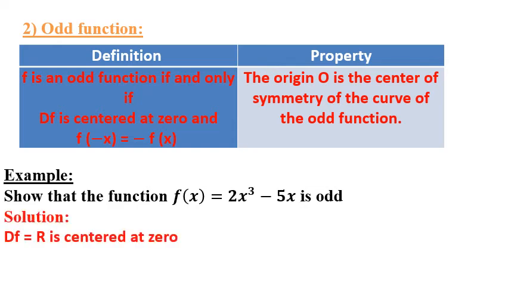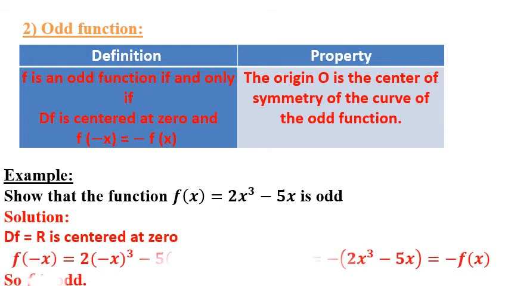First, we find its domain of definition. Since f is a polynomial, the domain of definition is R, which is centered at 0. Then we calculate f(-x) = 2(-x)^3 - 5(-x), so it's equal to -(2x^3 - 5x), and hence it's equal to -f(x), so f is an odd function.